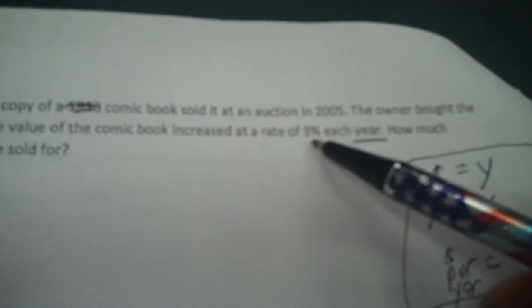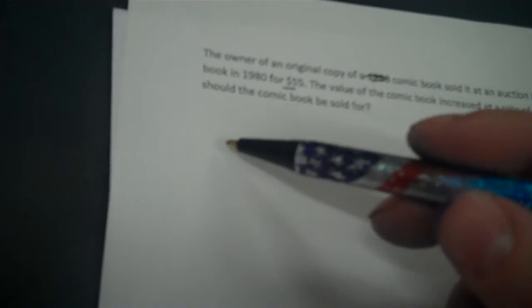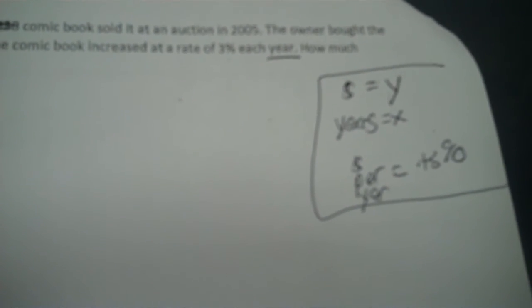If it said $3 each year, I would put 3x, make my line 3x in the middle, and put 55 at the beginning. But it's 3%, an increase of 3%, so plus 3%. Okay, that means it ain't a line, okay? Here's how a percent rate of change works.